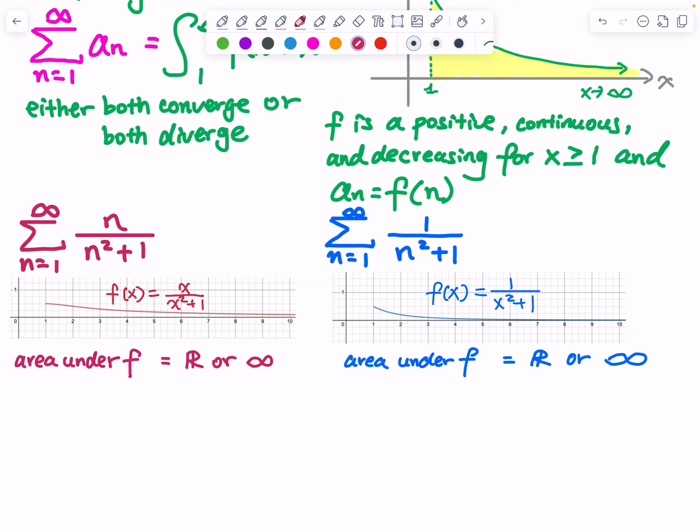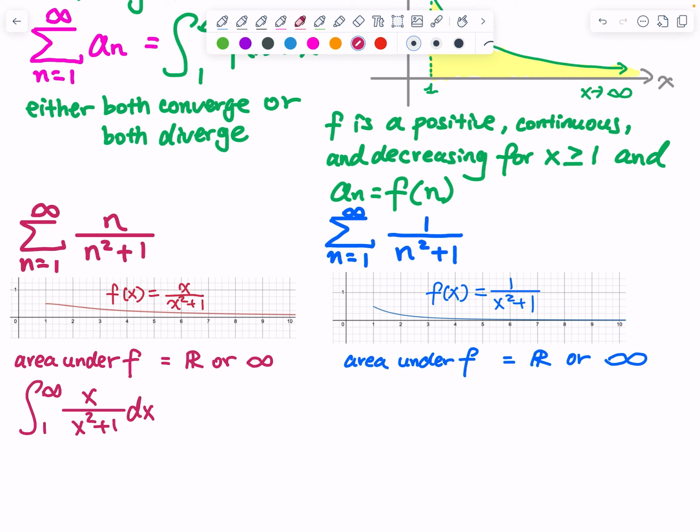It is positive because the curve is above the x-axis, and continuous from 1 to infinity, with no vertical asymptote. And decreasing, I can tell that the slope is decreasing by looking at the graph. Then you go to the integral from 1 to infinity of x divided by x squared plus 1 dx.